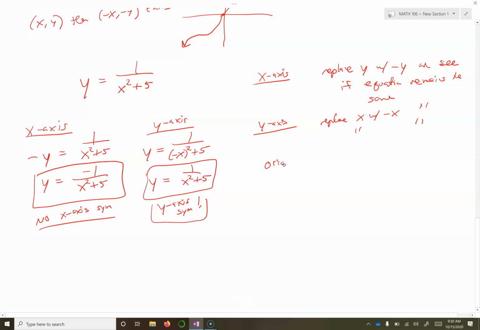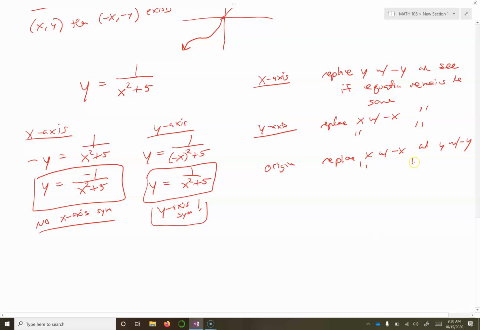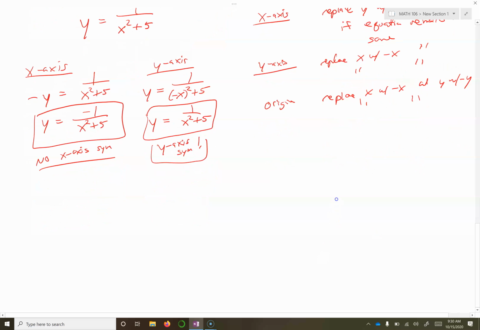And then finally for origin, you replace x with negative x and y with negative y, and then see if it's the same. So we'll do origin. So we're going to have negative y equals 1 over negative x squared plus 5.